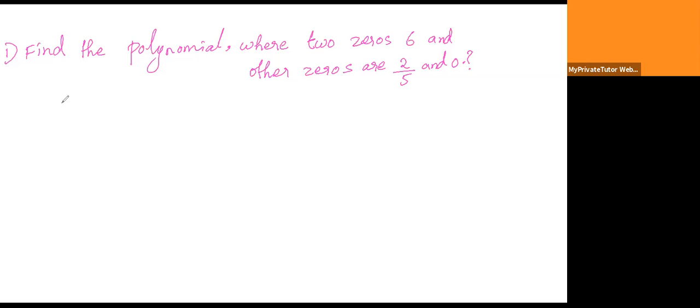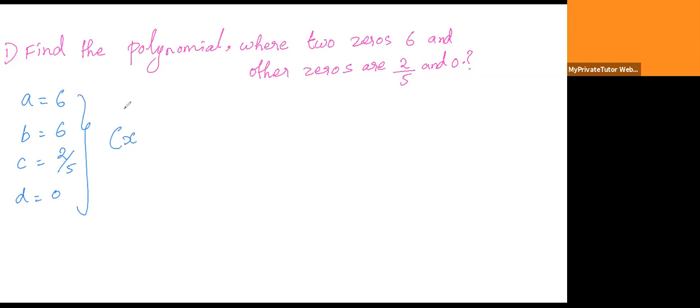Find the polynomial where two zeros are 6 and the other zeros are 2 by 5 and 0. So what are the zeros we have? A equals 6, B equals 6, C would be 2 by 5 and D would be 0.